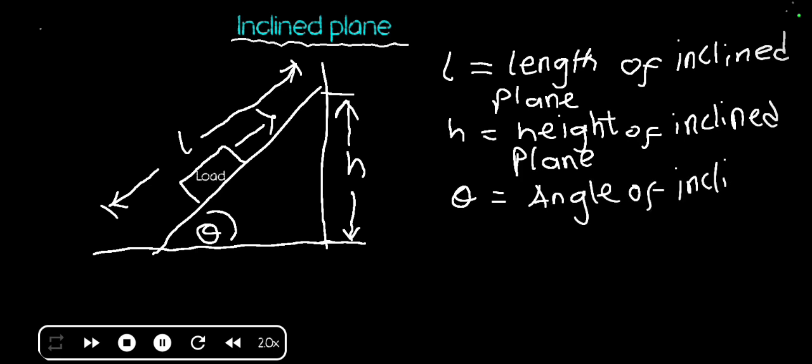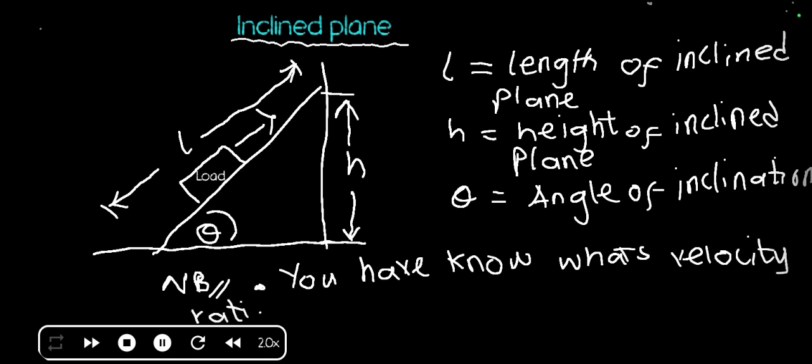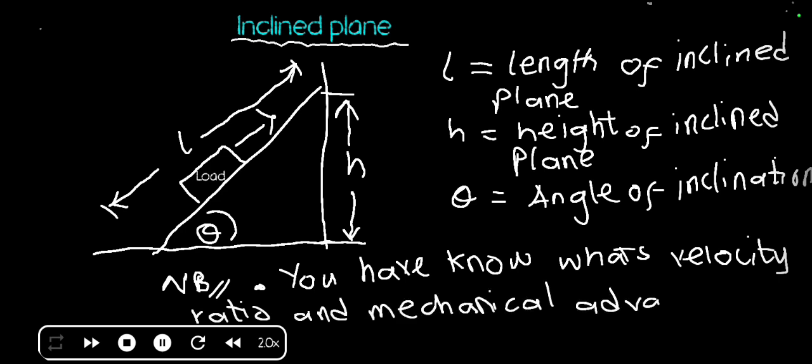So the angle there is the angle of inclination. Note this. First of all, you have to know what mechanical advantage is, as well as velocity ratio. This is what you have to know in order to understand the inclined plane very well.